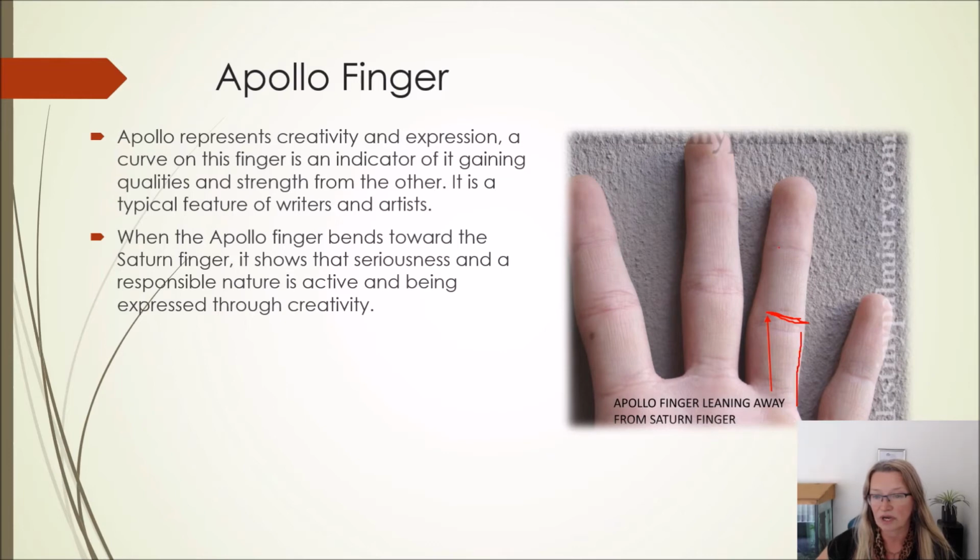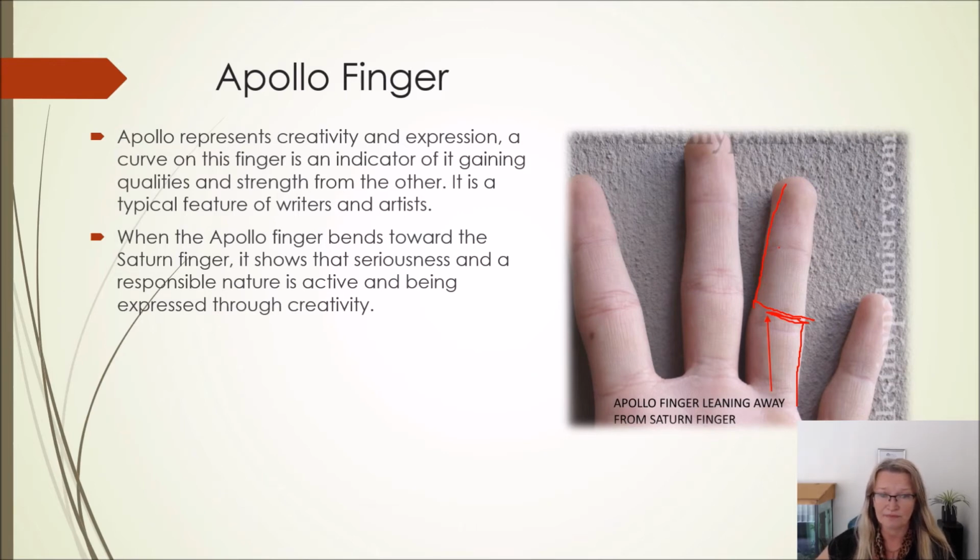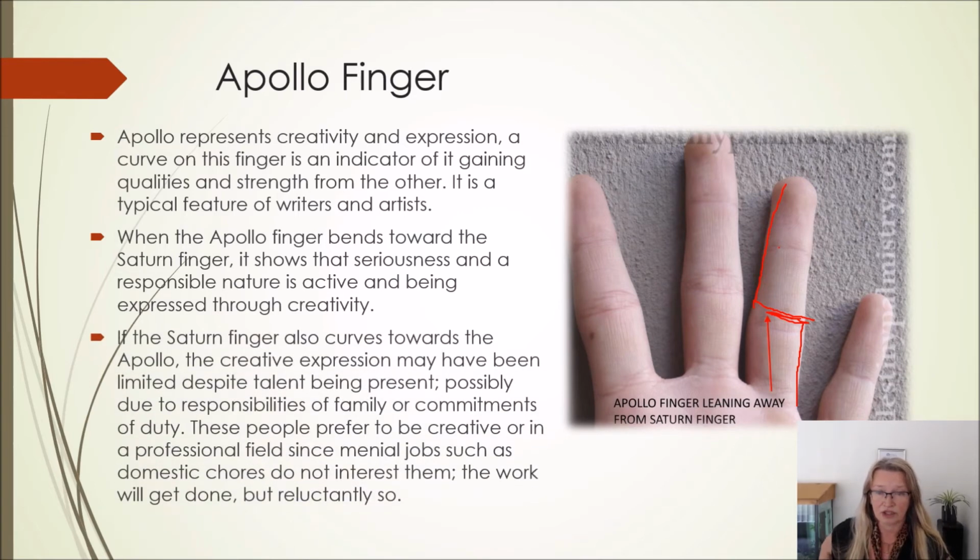So it runs straight and then just sort of kicks out from the base knuckle, base phalange, and then the top two knuckles kick out. So if the Saturn finger also curves towards the finger, the creative expression may have been limited despite talent being present, like I mentioned before, possibly due to family responsibilities or commitments.